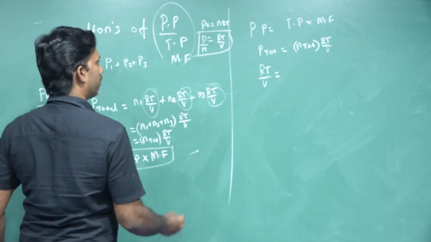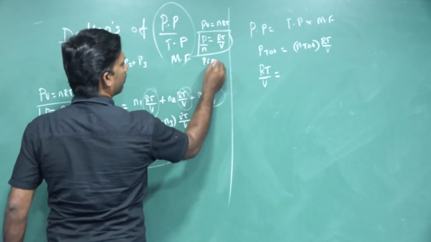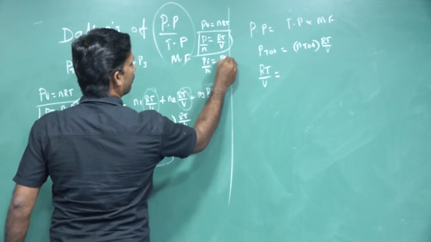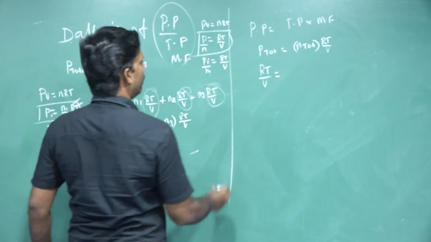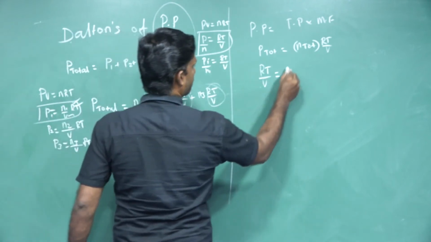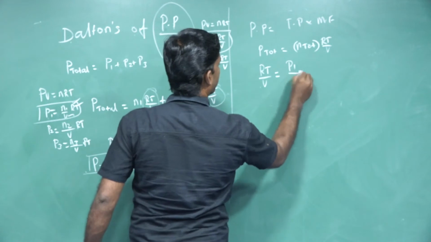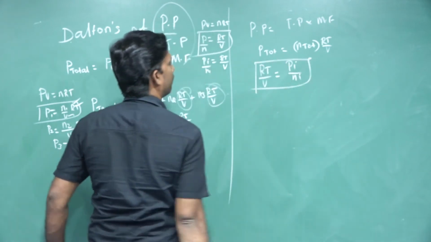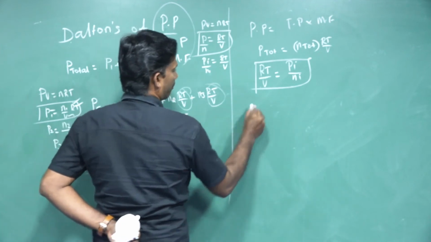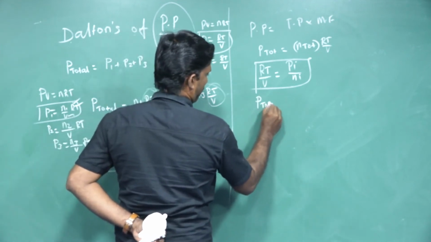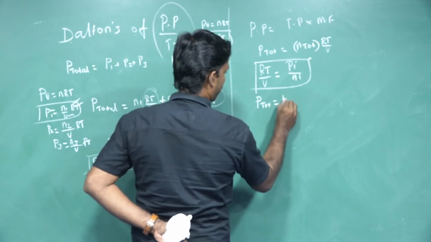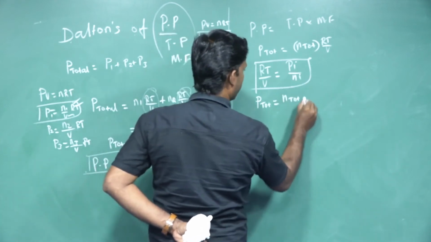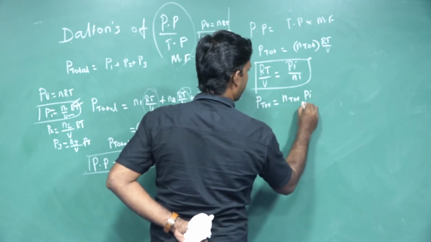For the ith gas, Pi by Ni equals RT by V. So the term RT by V we can substitute as Pi by Ni. The total pressure is equal to N total into RT by V. Instead of RT by V, I am substituting Pi by Ni.